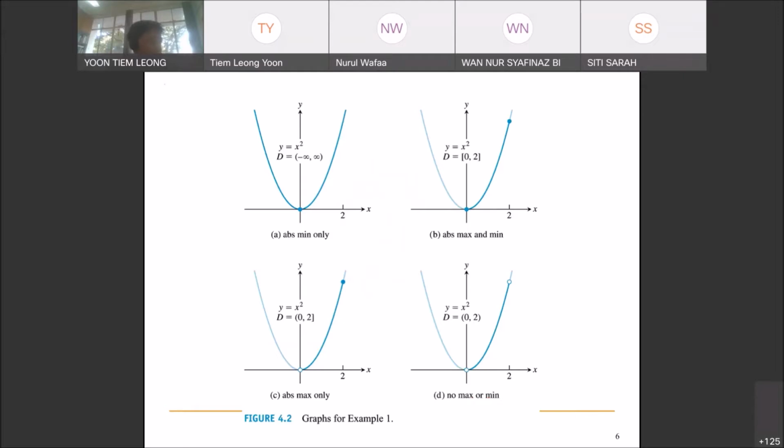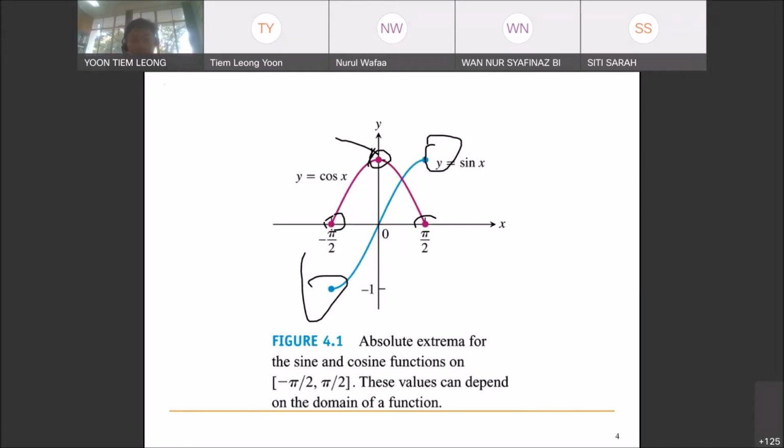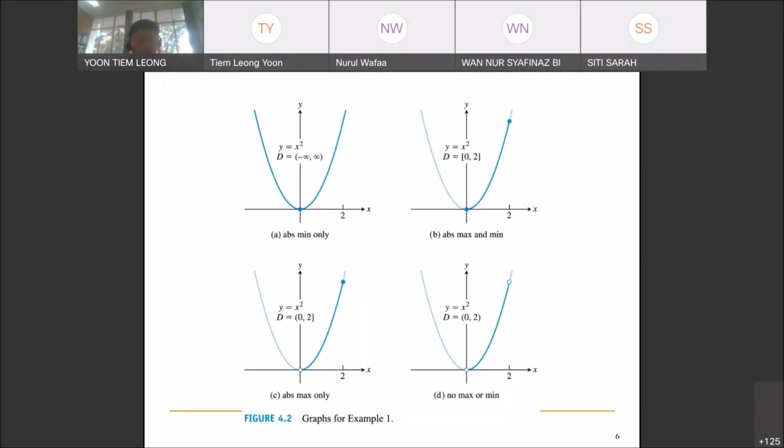To be sure, if you have a closed interval and the function is also continuous, like in the case of sine and cos, then you would have an absolute maximum and absolute minimum. But for other cases like example A, this is an interval which is not closed.